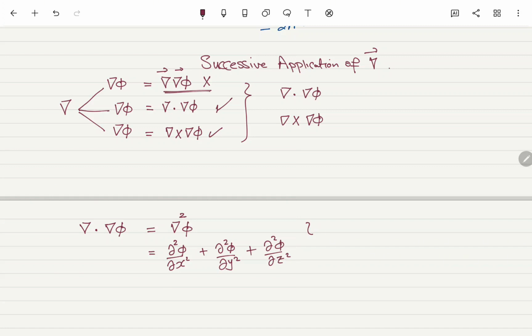And this quantity is very important, again, in electrostatics, and is called the Laplacian. Therefore, del squared is actually equal to del dot del.